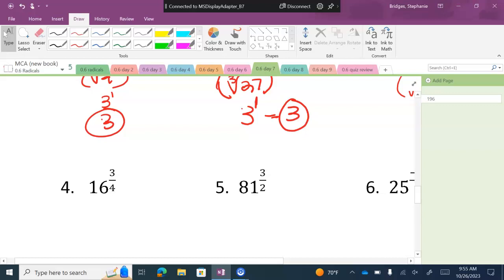And the reason we take the root first and then raise it to a power is because I don't want to get some large numbers. I could technically do it backwards. I could do 16 to the 3rd power and then take the 4th root of it. But that just gives me extra large numbers and I don't want to deal with those. So it's better to make it small first by taking the root and then raising it to a power.